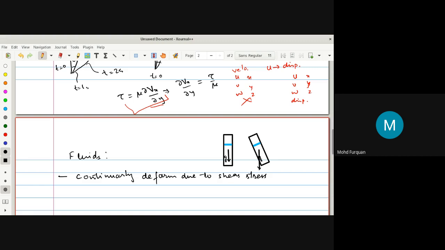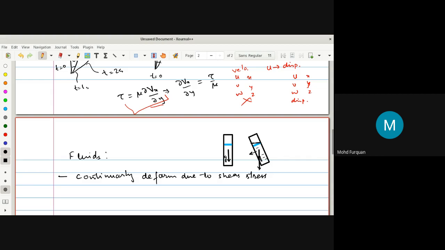So due to this change in direction of gravity, there will be a component. Inside the fluid, there will be some shear stress developed due to this component of gravity, which is parallel to the surface. Because of that, the fluid cannot bear it. It will keep on deforming till the surface becomes like this again.